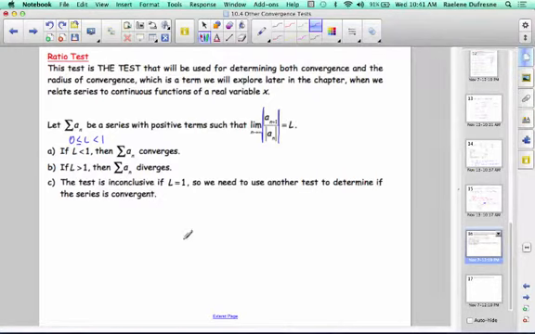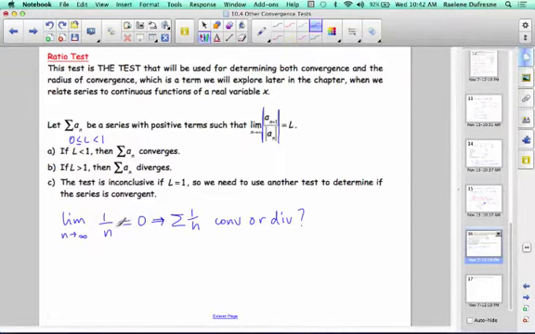We have seen inconclusive tests before when we used the nth term test for divergence. We had, if the limit as n approaches infinity of 1 over n is equal to 0, then this 0 limit does not tell us whether or not the series of an converges or diverges. We still don't know.